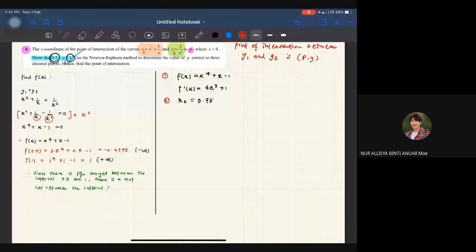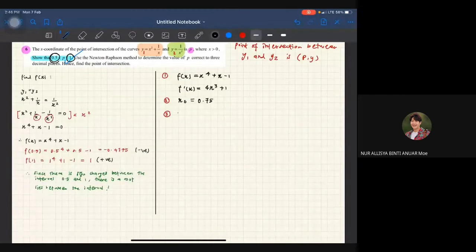Simple. Okay, so lastly kita akan gunakan Newton-Raphson method. Okay, so before awak nak masukkan dalam calculator, so you write first the general equation for your Newton-Raphson. Okay, so xn plus 1 is equal to xn and then minus fx. Ke atas adalah fxn.